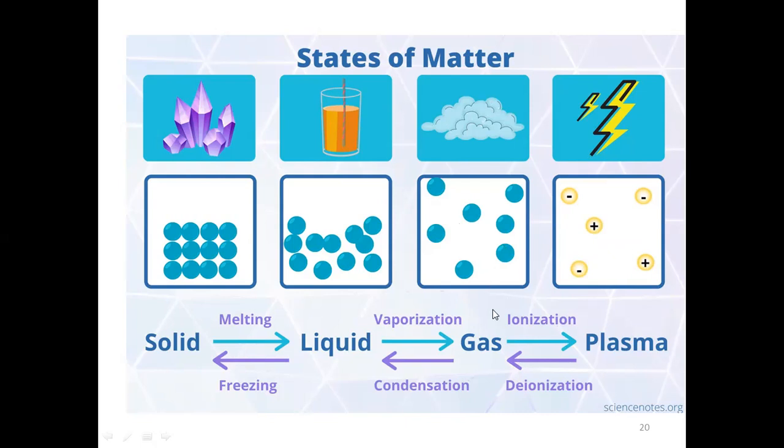So if you further provide heat to the molecule, remember each molecule or atom has a nucleus, and there are some electrons in the extranuclear part over here. So what is happening if you provide heat? These electrons are removed from the outer shells. So these molecules or atoms become ionized.